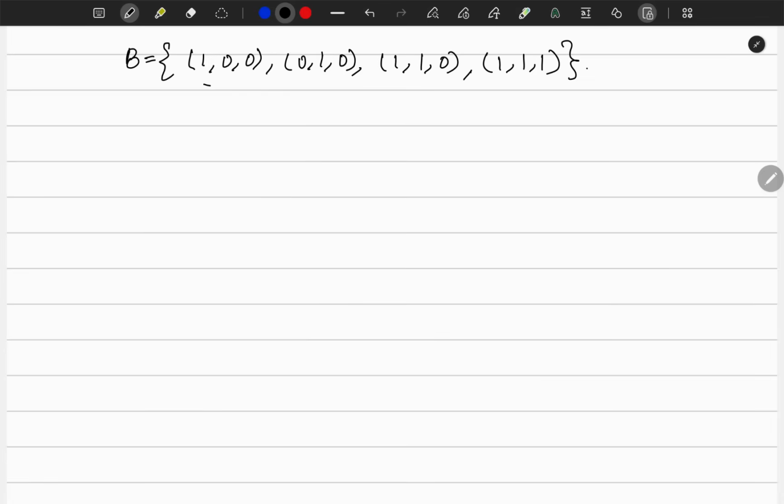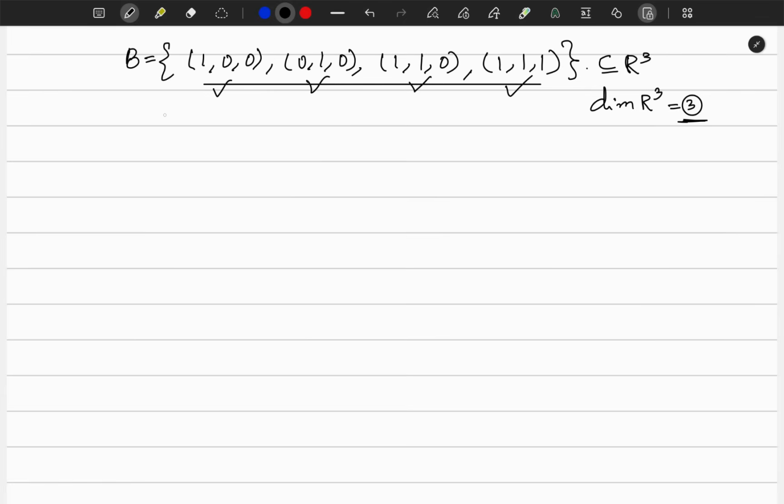These are subsets of R3, and you know the dimension of R3 is 3. So the largest linearly independent set has 3 elements. You have 4 elements here, so it will be linearly dependent. But you have to check it.